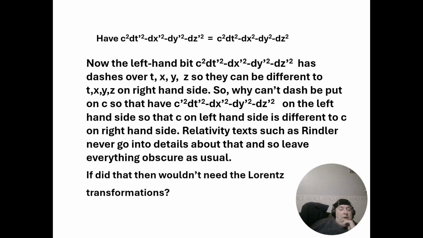So there would be a c dash on the left hand side, so that the c on the left hand side is different to the c on the right hand side. Relativity texts such as Rindler never go into details about that, and so leave everything obscure as usual. If they did that, then wouldn't need the Lorentz transformations?